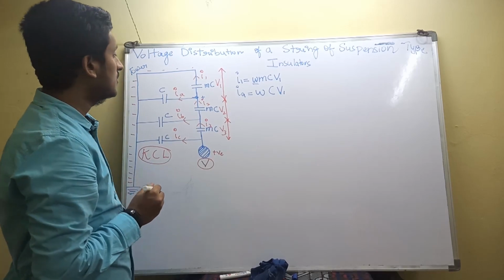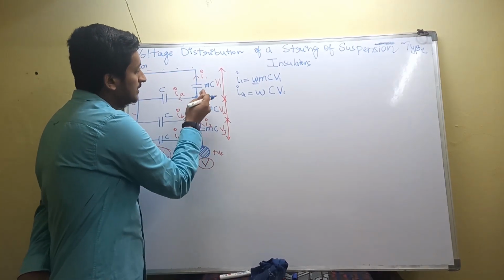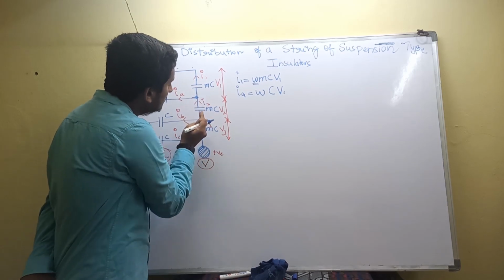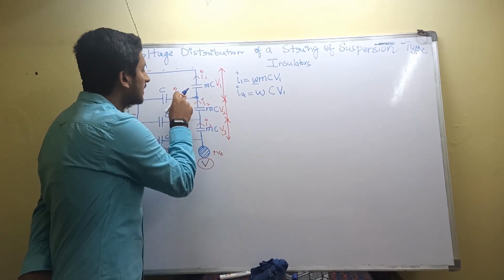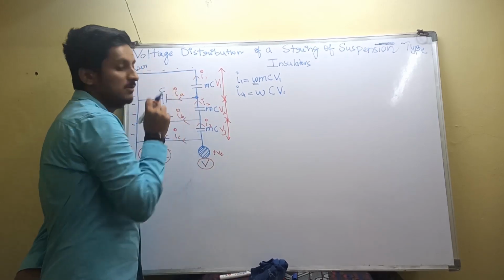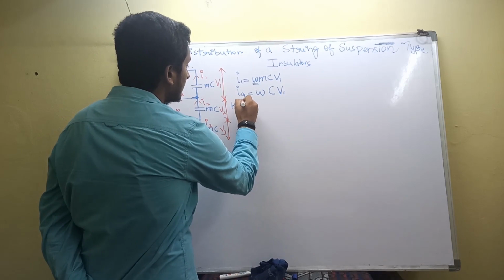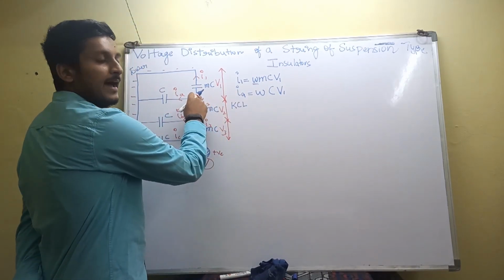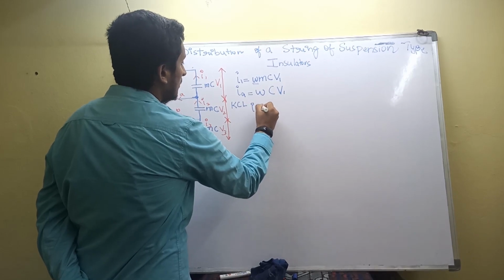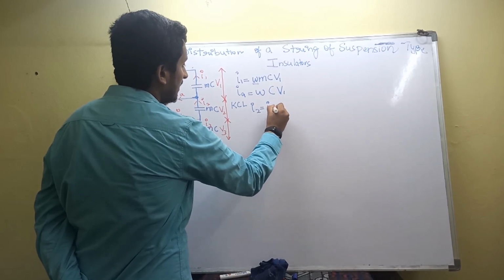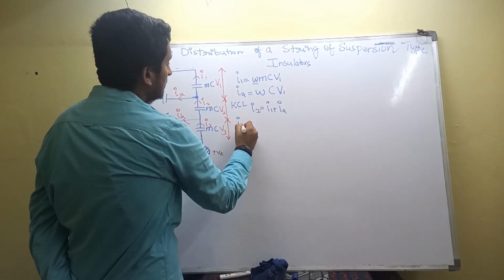Alright, so when we see at this junction, the incoming current is only I2, and the outgoing currents are I1 and IA. So if I apply KCL at this junction, I can write I2 is equal to I1 plus IA. Now I can add this up.